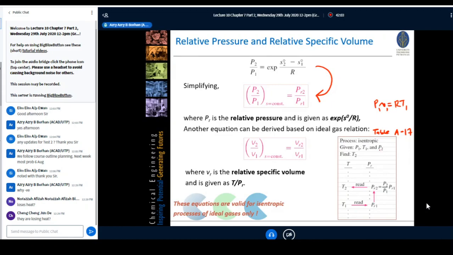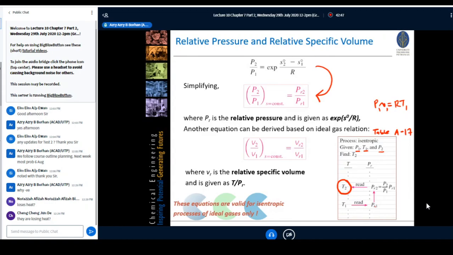Okay guys, let's say, for example, a process undergoes an isentropic process, and you have been provided with the initial pressure, the initial temperature, and the final pressure P2. The question wants you to find the final temperature of the gas when it undergoes an isentropic process. So what you can do: we know that from table A17, T1 will give you the Pr1 value, and I want to find T2.